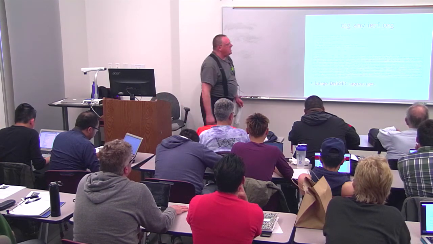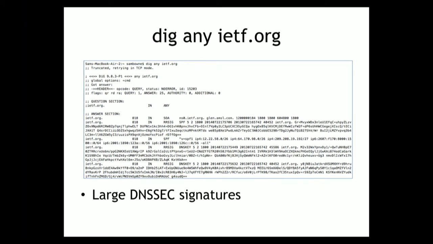Now, if you do the IETF, the Internet Engineering Task Force, which is responsible for the technical specifications of the internet, and dig there, you will get a very large response. Not only do you get a list of addresses, you get these long random numbers, and we'll get to those later. Those are DNSSEC codes. DNSSEC puts cryptographic signatures on DNS responses so you know they're authentic.